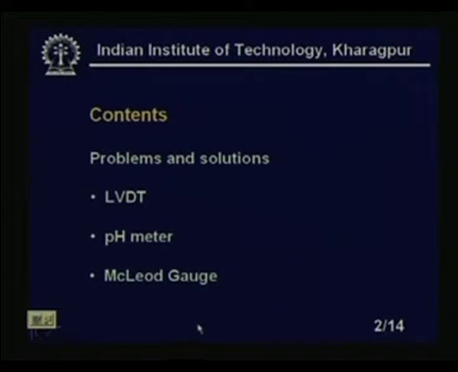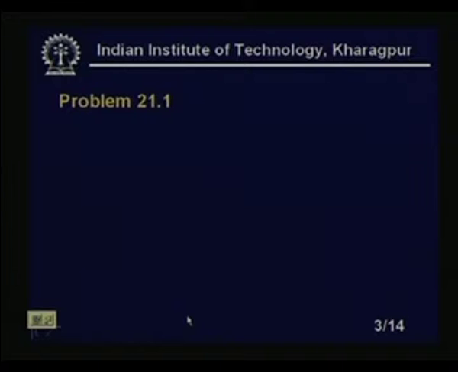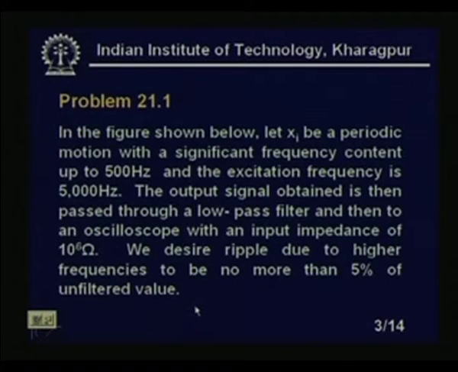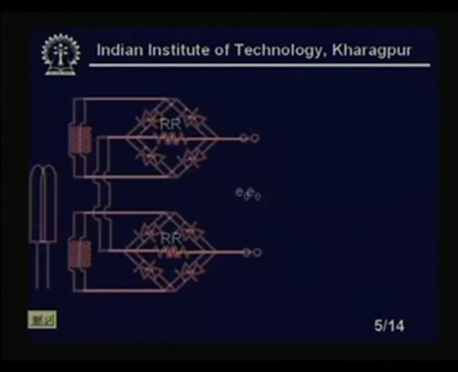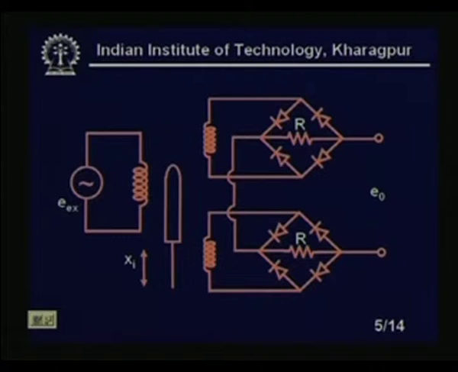So, let us look at the problem. Problem 21.1: you see it is telling in the figure shown below, which will become slide 4. Let xi be a periodic motion with significant frequency. You can see here, this is our LVDT with the phase sensitive demodulation.